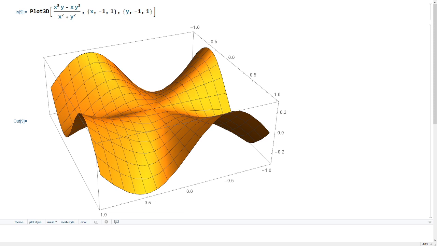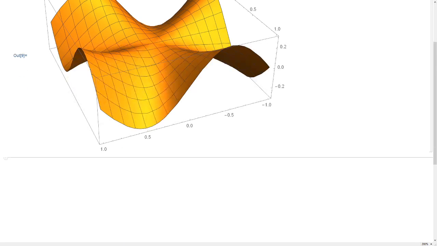So what we want to do in part 2 of this is take the first partial derivatives. So let's take those partial derivatives. Let me call this thing f, and I want to find the derivative of f with respect to x.